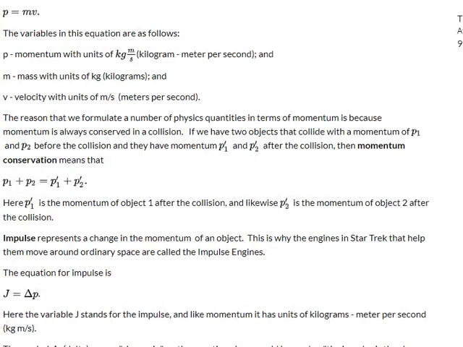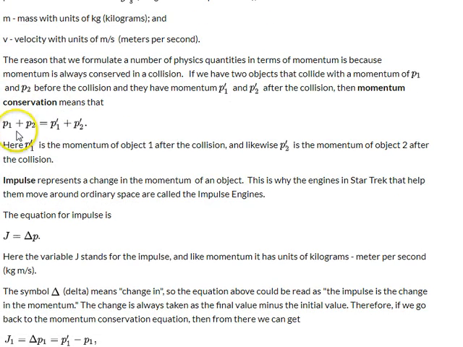And that's expressed by this equation: P1 plus P2 equals P1 prime plus P2 prime. The prime indicates that something has happened between the beginning of this equation and the end of this equation.